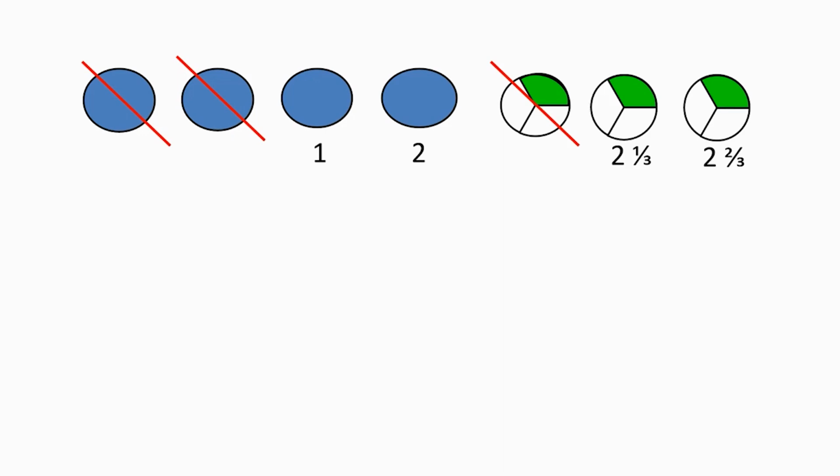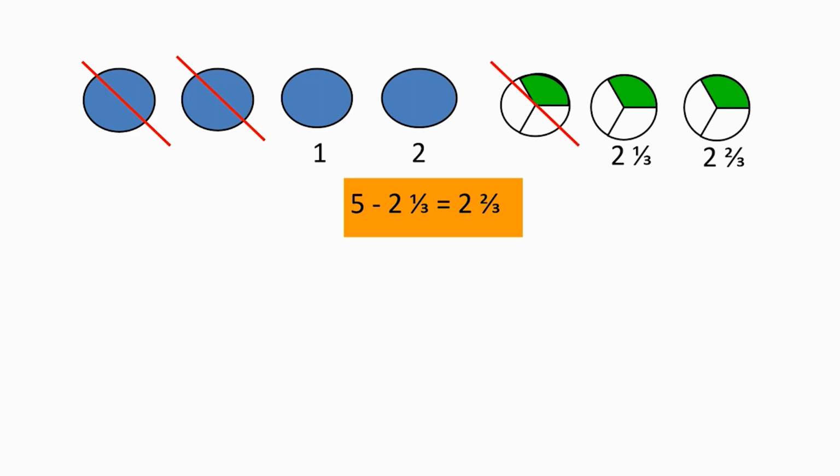How could we write a number sentence for this strategy? Well, we started with 5 and took away the parts we could see, 2 and 1/3, so the equation could be 5 minus 2 and 1/3 equals 2 and 2/3.